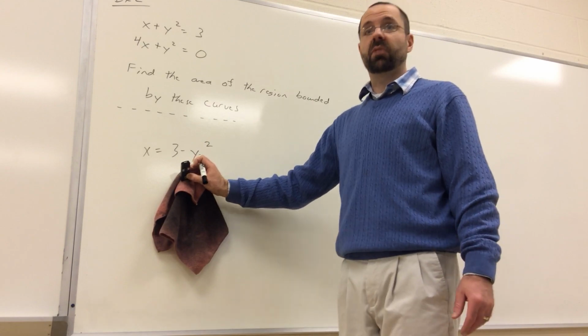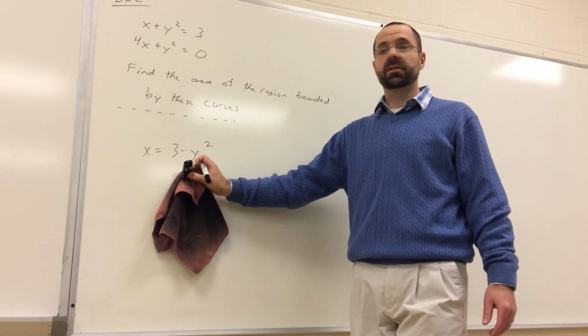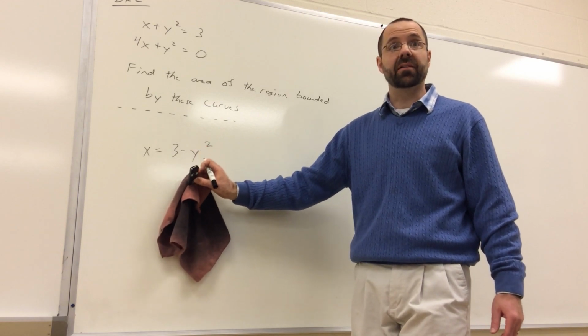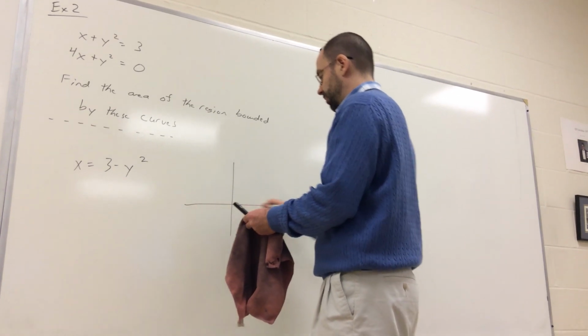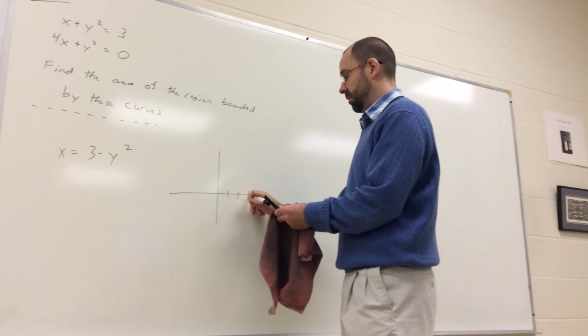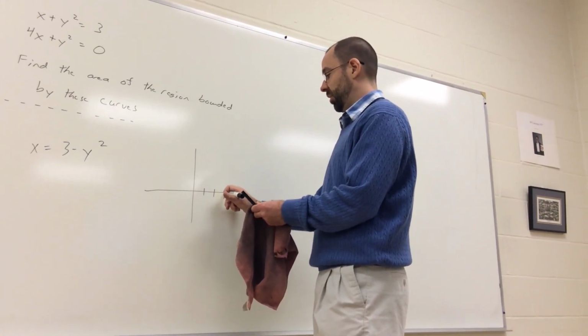Is it pointing to the right or to the left? To the left, because the y squared is negative. So this parabola starts at 3, and it's a left pointing parabola.